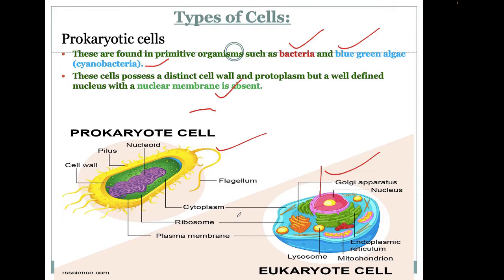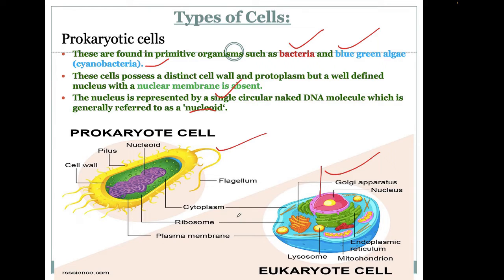These cells possess a distinct cell wall and protoplasm, but a well-defined nucleus with a nuclear membrane is absent. The nucleus is represented by a single circular naked DNA molecule, which is generally referred to as a nucleoid.